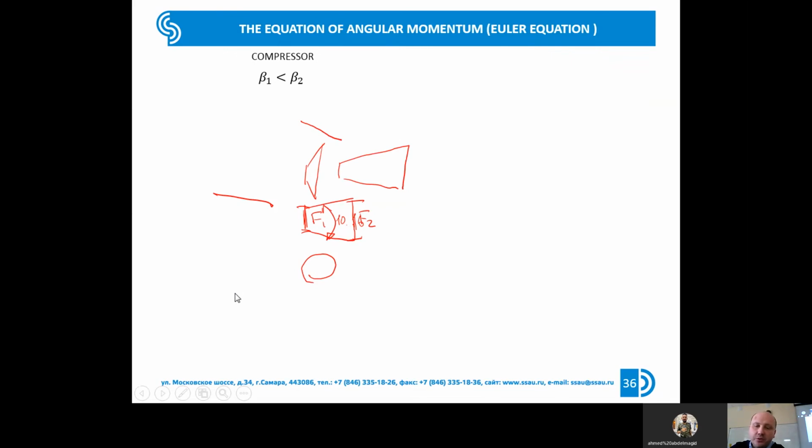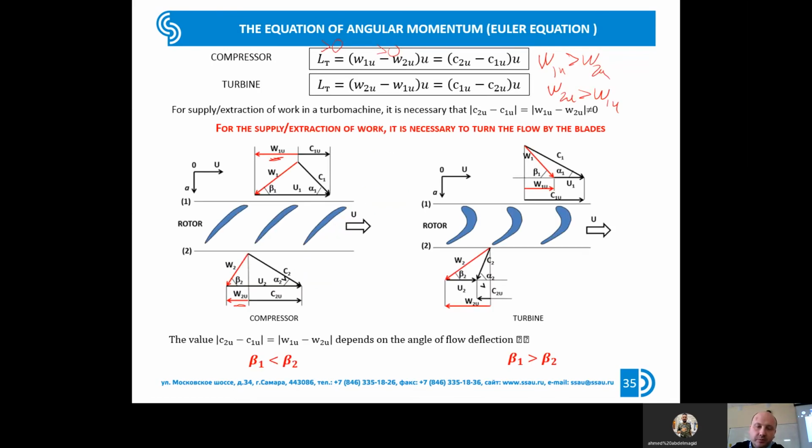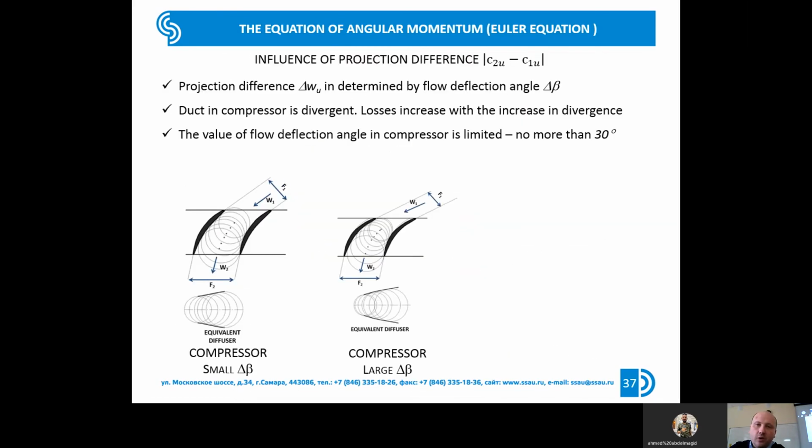In other words, the value of delta WU, which has strong influence on the specific work, will depend on the flow deviation angle, delta beta. It's the angle through which you are turning the flow in the blade row of the compressor and in the turbine.